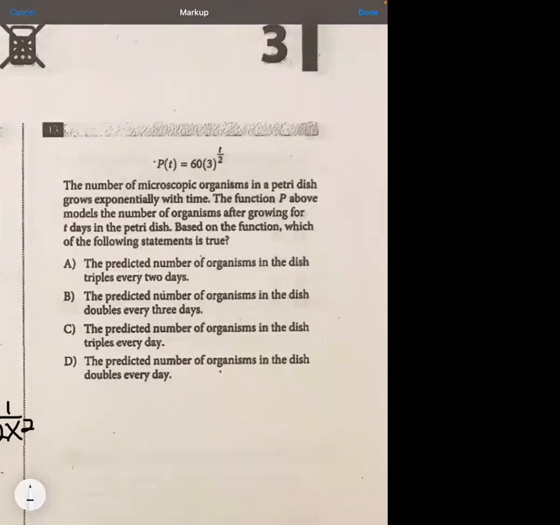All right, so number 13, all you need to know for this problem is how to read a graph and how to read an equation. There really isn't much math involved in this question, although understanding the formula, I guess, is math.